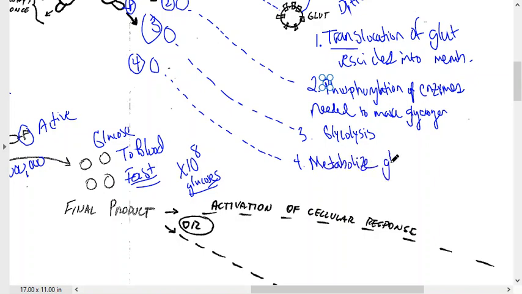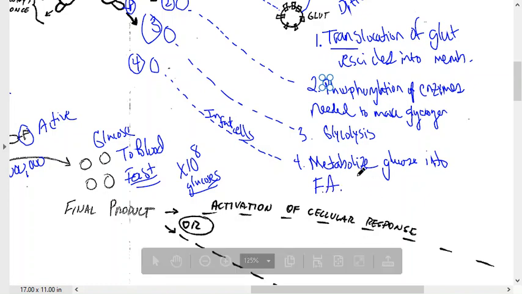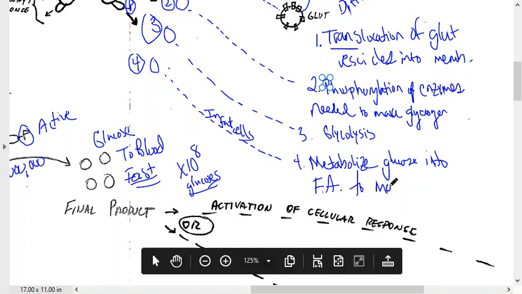In fat cells, metabolizing glucose into fatty acids, I'm just going to abbreviate that, fatty acids, to make triglycerides.